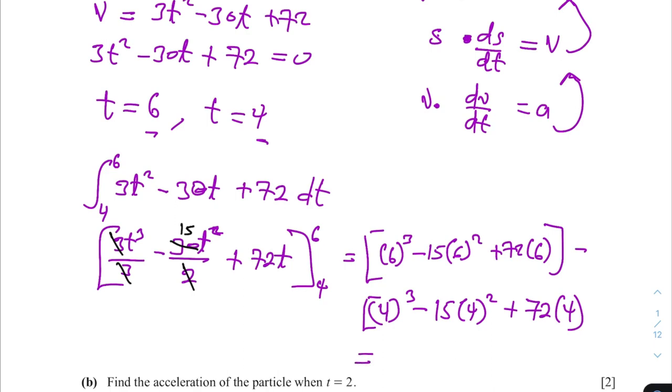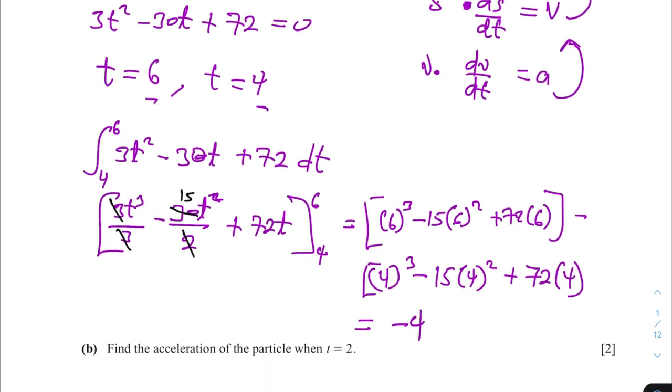I'll just put the entire integration of 3t squared minus 30t plus 72 on the calculator, integrating from 4 all the way to 6, and that would give me negative 4, right?